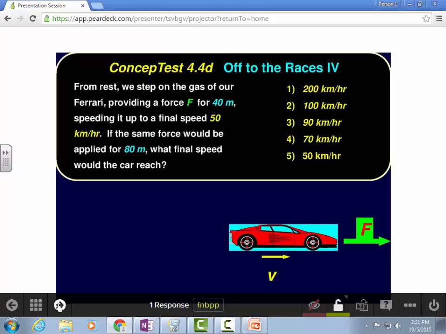You're not going to be able to do it that fast. Get cranking away, guys. You have to be able to answer these quickly. Okay.